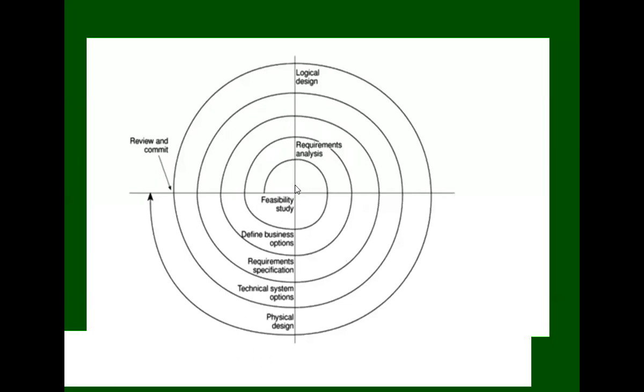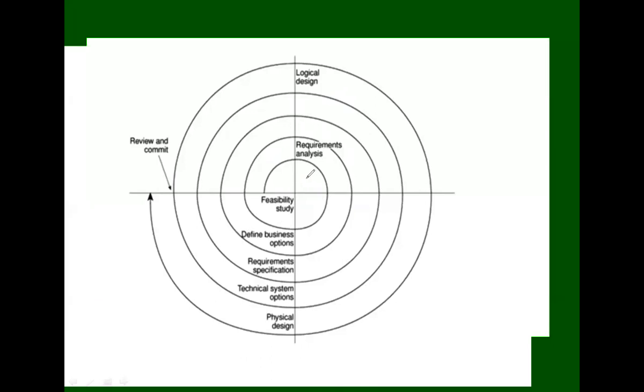Here the radius of the spiral model represents the expenses, that is, the cost of the project, whereas angular dimensions represent the progress made so far in the current phase.